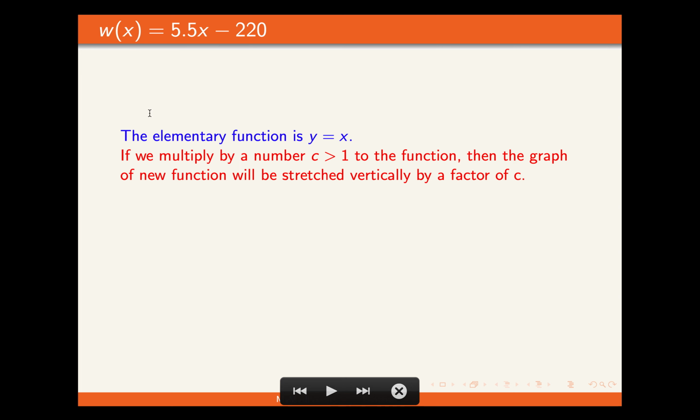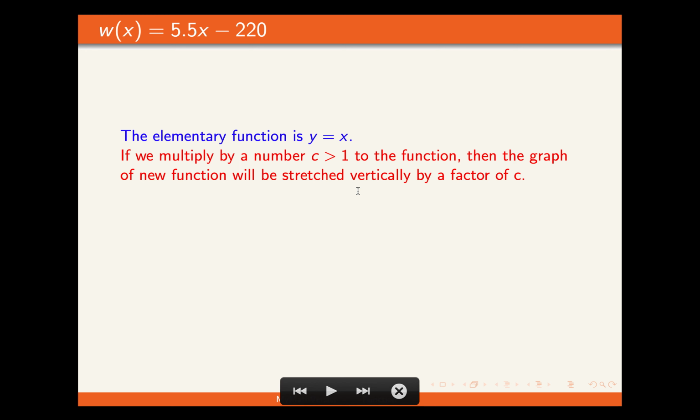We know that if we multiply by a number greater than 1, and 5.5 is greater than 1, and it has been used to multiply that identity function, then the graph of the new function will be stretched vertically by a factor of c.